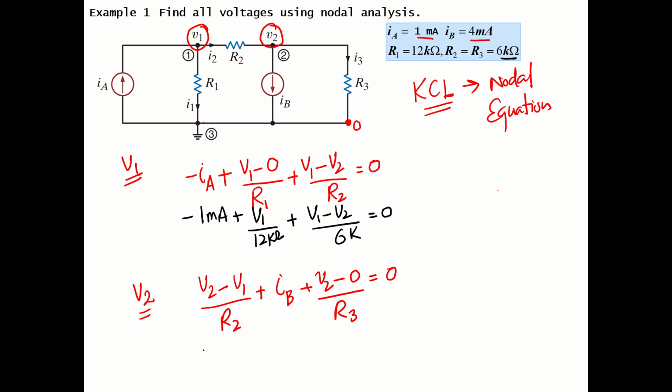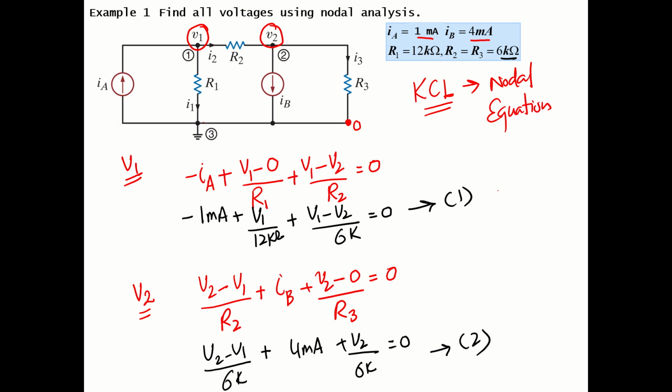Similarly in the second nodal equation, we have V2 minus V1 divided by R2. What is the value of R2 here? 6 kilo. Plus the IB value, which is given, 4 milliampere. Then V2 minus 0 divided by R3, again 6 kilo ohm, is equal to 0. So this is our second nodal equation with the entered values.